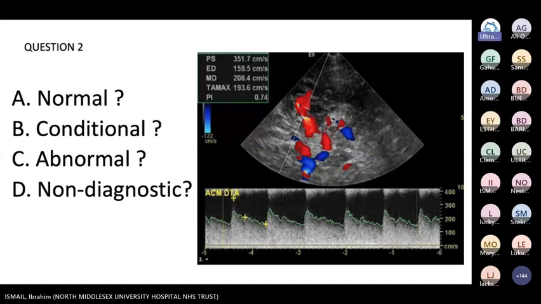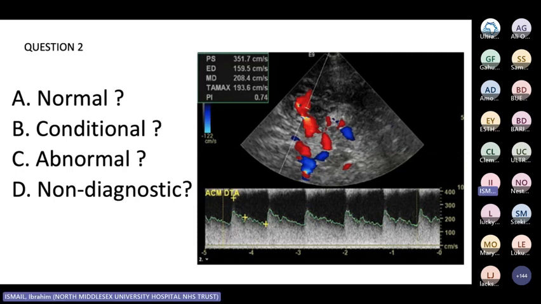Okay, so should I tell you the results now? Yeah, let's go. So 5% of the participants think it's normal, 69% think it's conditional, 21% think it's abnormal, and 5% think it's non-diagnostic.